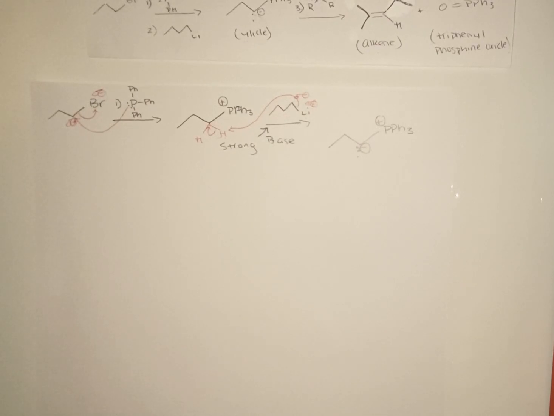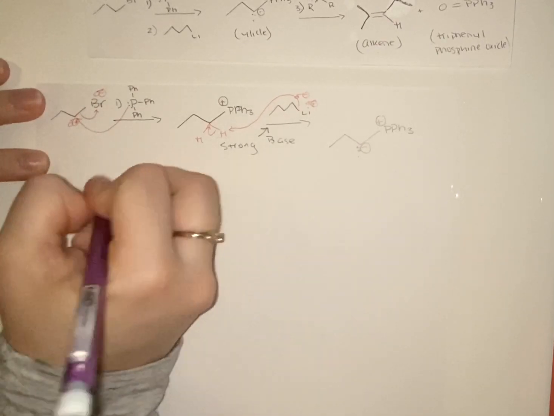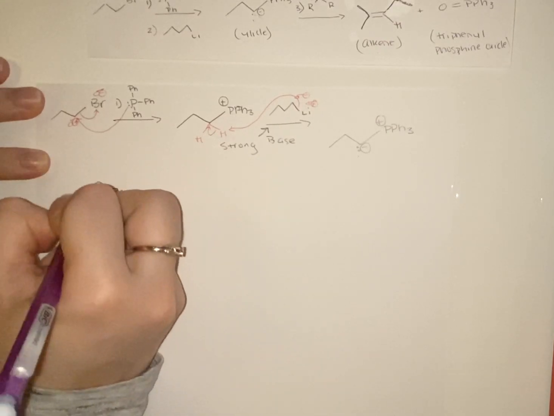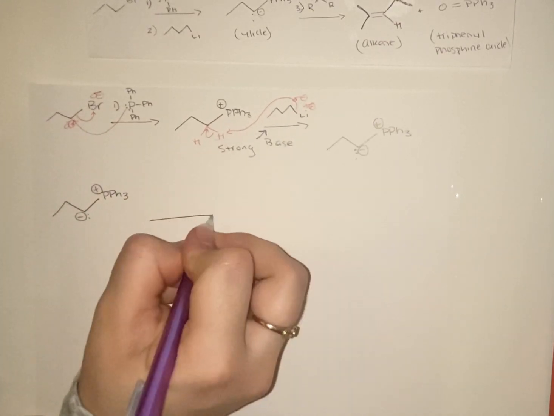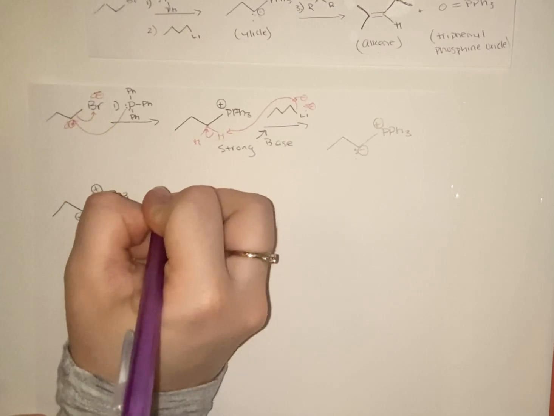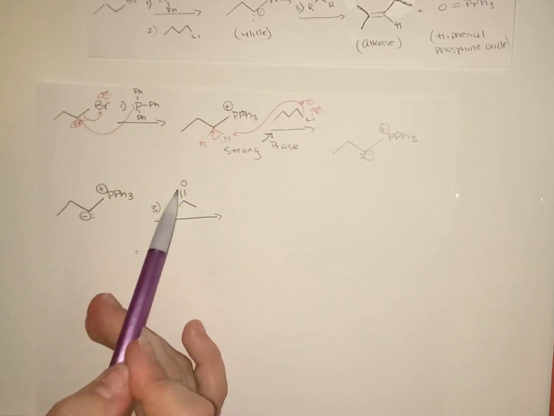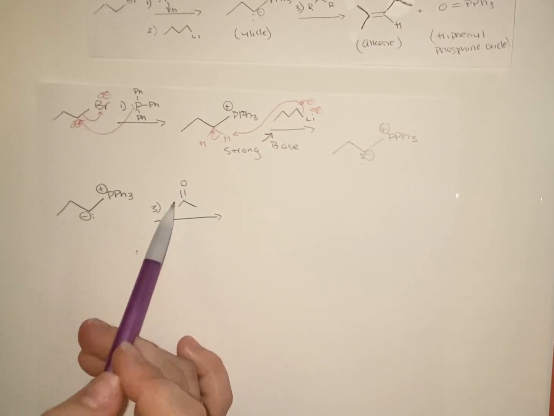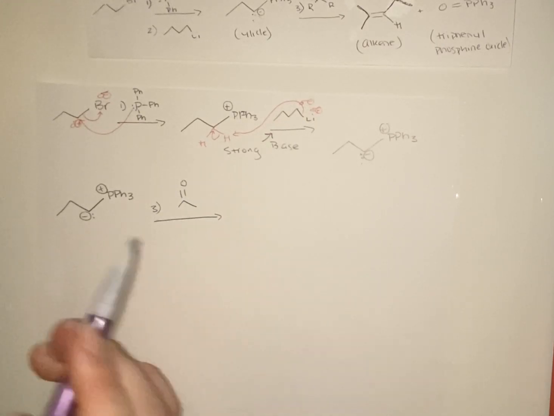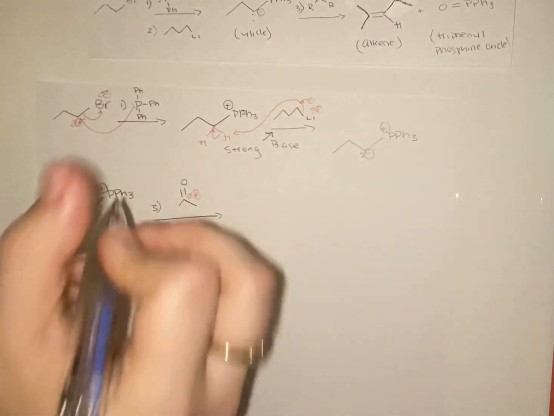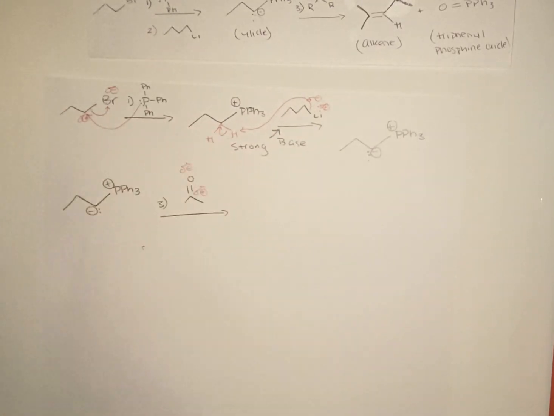So from there, once you have the ylide, you can react it with the ketone in step 3. So you have step 3, which is the ketone. And now the ketone has an oxygen, which withdraws electron density. So this carbon will actually be partial positive, while the oxygen is partial negative.